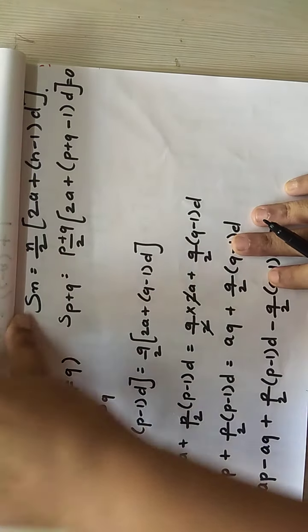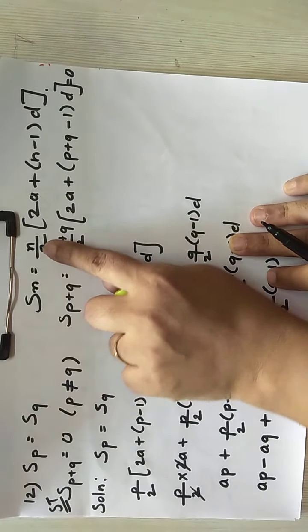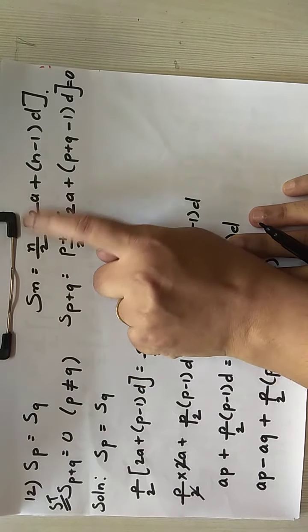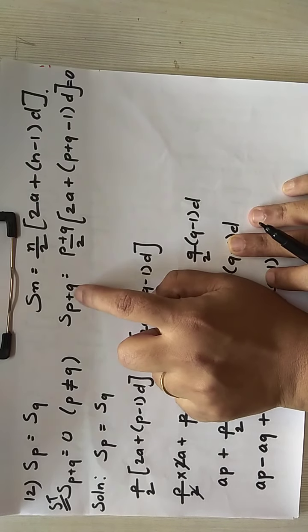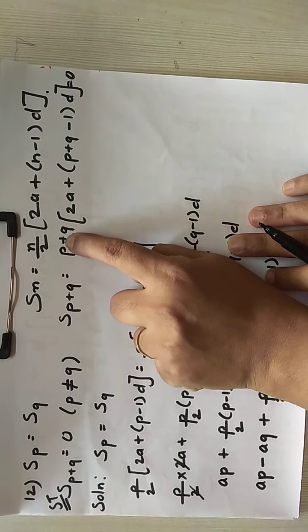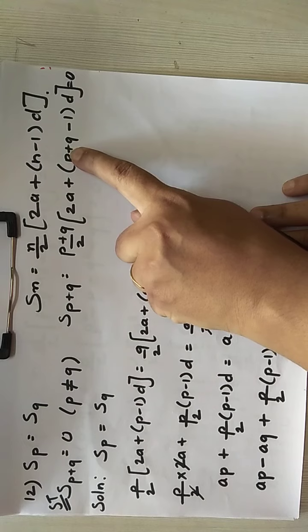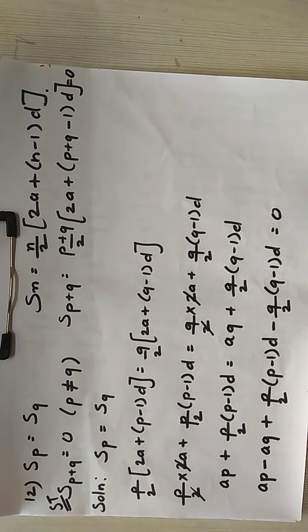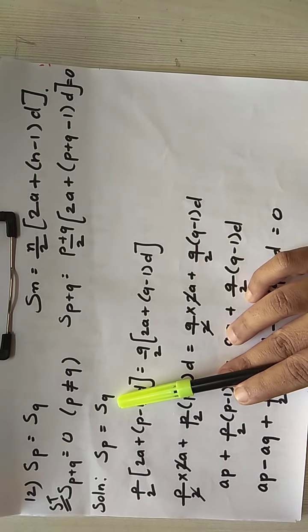So if I want to write the S(p plus q) formula, that means it will be (p plus q) upon 2 into (2a plus (p plus q minus 1)d) equal to 0, in place of n. This is what we have to prove, equal to 0. Okay, so let's start with the given thing. The given thing is Sp equal to Sq.